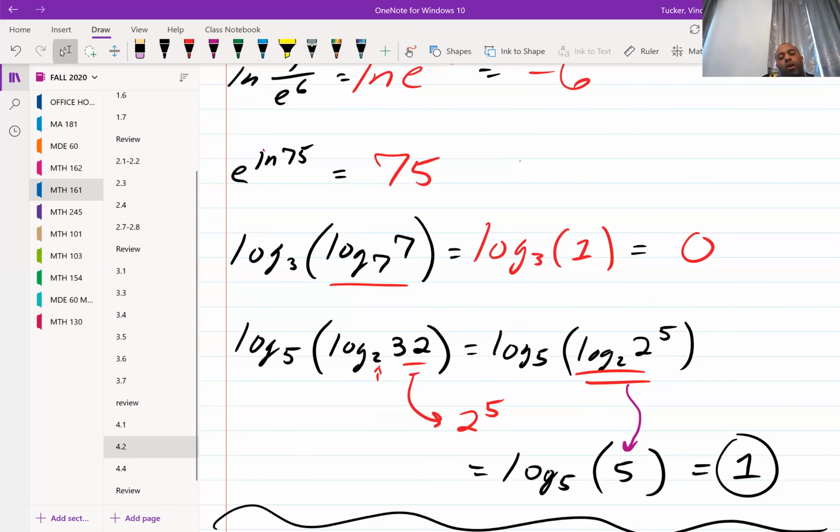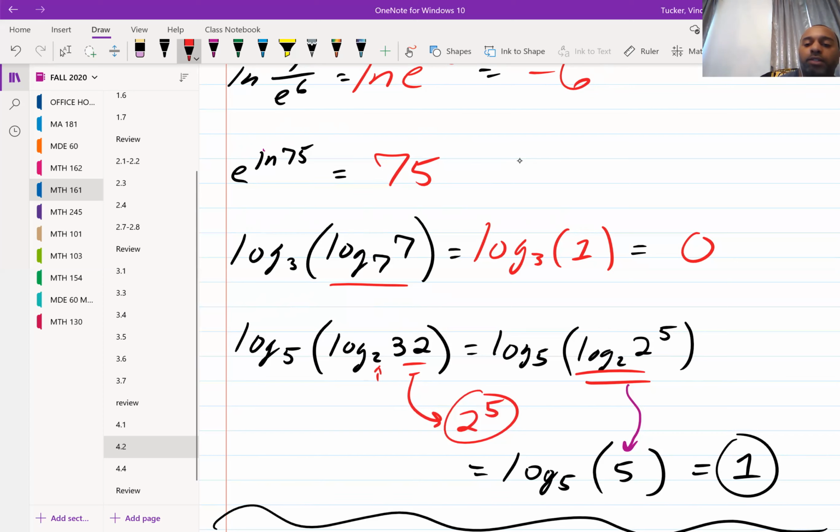All right, so the next one we have log base 5 of log base 2 of 32. When you look at what we have here, you want to do what's inside of the parentheses first, and see that we have log base 2. So here it would be in your best interest to see if you can manipulate or change 32 into a number with the base of 2. And we can do that because 32 is 2 to the 5th power. So I'll rewrite that as log base 2 of 2 to the 5th power.